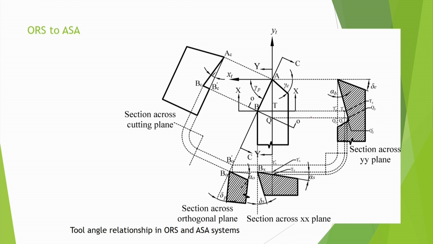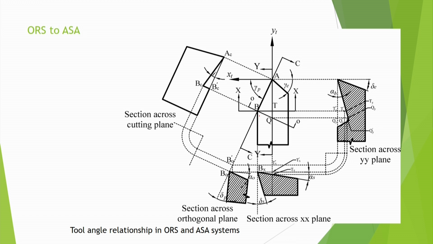So these levels are different. At the surface you have T and at the top you have Tx, because it is sloping. This difference between the two T's, one without dash and the other with dash, will be apparent in the section across the YY plane, but it will not be apparent in the top view.